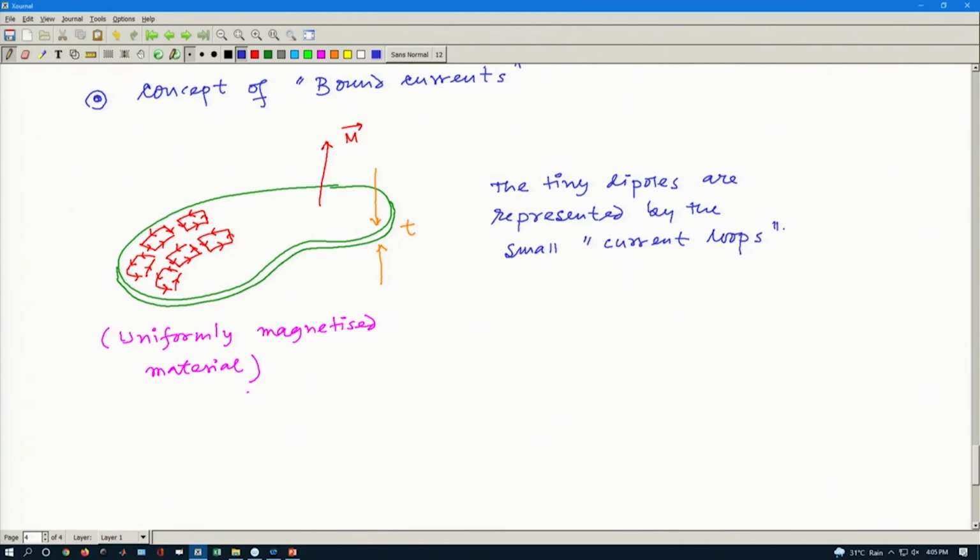There are many dipoles inside this system, so we just represent these dipoles as small current loops.